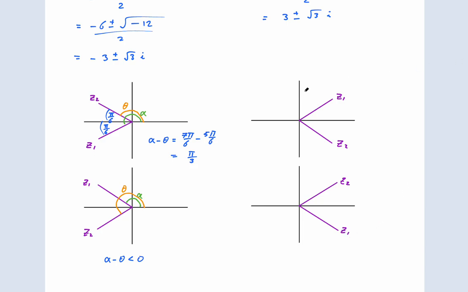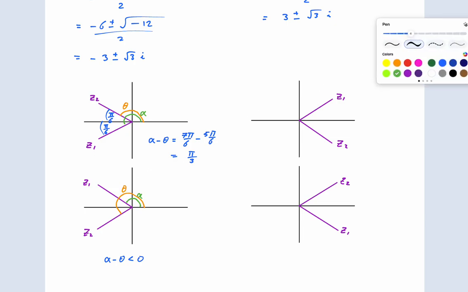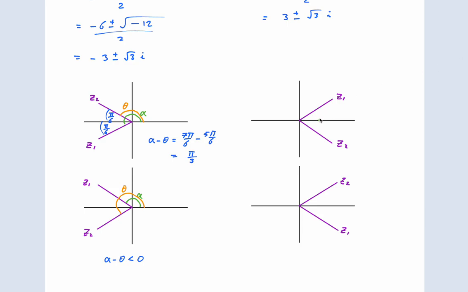Now Z2 has theta and Z1 is alpha. So this guy is our alpha. And again, this angle is pi over 6. So it does still give us our pi over 3, which will be our equilateral triangle.